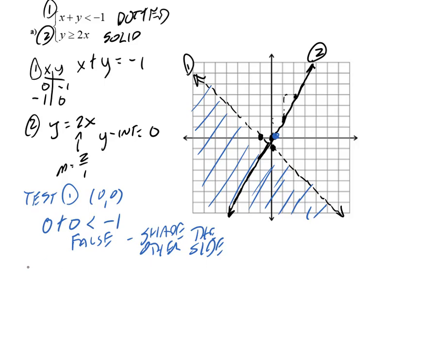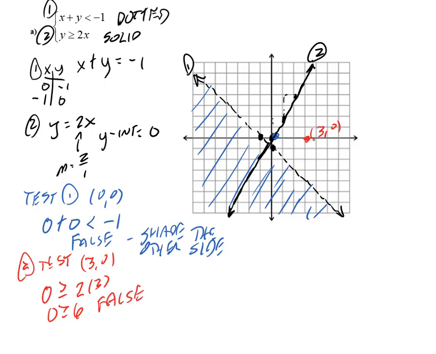Let's use red lines for equation 2. So if we test equation 2, y is greater than or equal to 2x. The problem is I can't actually test (0, 0) because it's on my line. So let's just test a point that we know is off the line. How about if we test the point (3, 0). So if I test (3, 0) in my equation, I get 0 is greater than or equal to 2 times 3. 0 is greater than or equal to 6, which is false again.